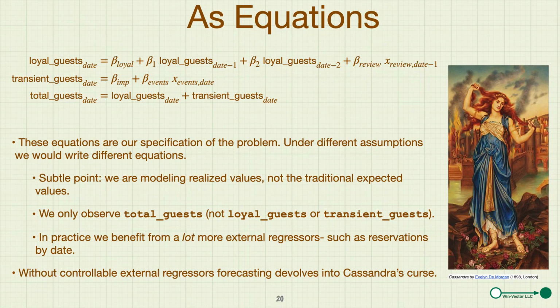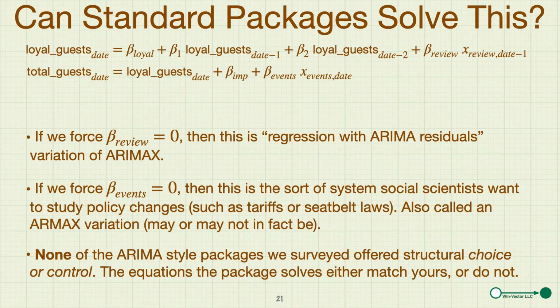So, can a standard package solve this? Here I've just eliminated transient guests by substituting into normal loyal total guests. And if we force B review equals 0, this is regression with ARIMA residuals. That means there's an unobserved process that moves smoothly or auto-correlated over time, but you don't observe it; you observe it plus some extra noise.